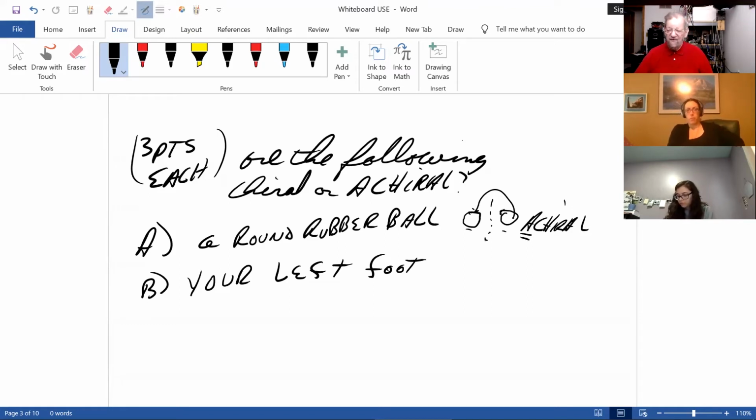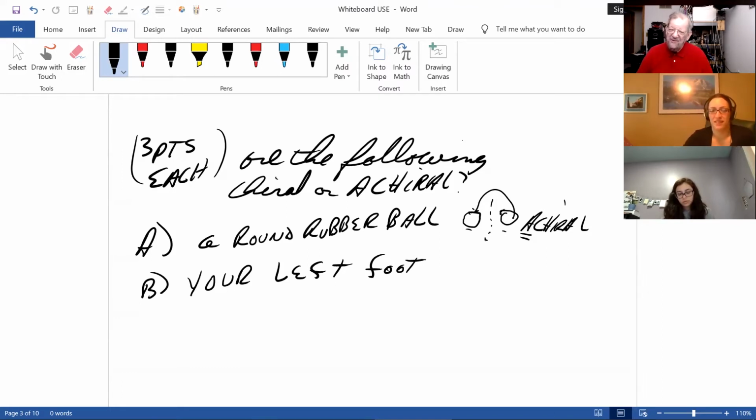Next, your left foot. Now, in class, I'd show you, but I don't think I could do that with my webcam. But next time you have a chance, take your left foot and put it in front of a mirror. And guess what you'll see? Your right foot. Now, are your right foot and left foot superimposable? No. I'm not going to draw a foot on the screen right now.